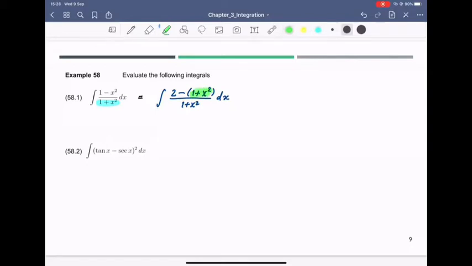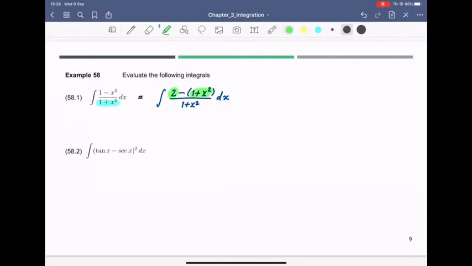Because if I see 1 plus x squared here, once I split it, it's going to cancel with the thing in the denominator. So I get a constant and it can be integrated easily, right? So if I want to see 1 plus x squared, I need number 2 here to balance it.